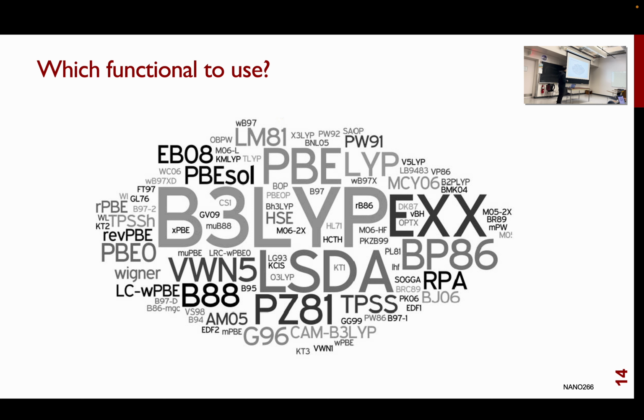Then the next level up, you have your PBE and local density approximation. LSDA just simply means local spin density approximation. It's just the local density approximation, but with spin polarization. And all the others that I'm not going to go into.